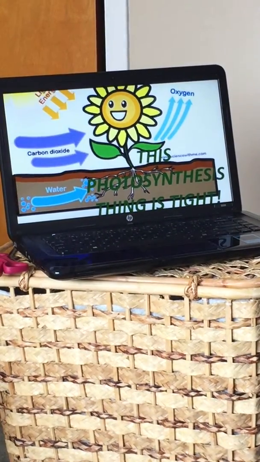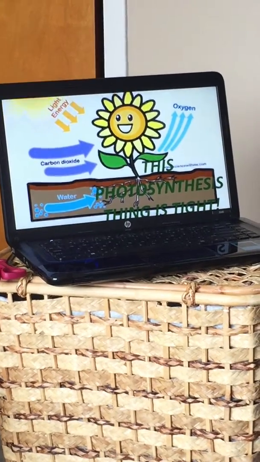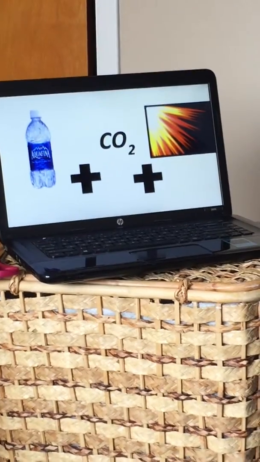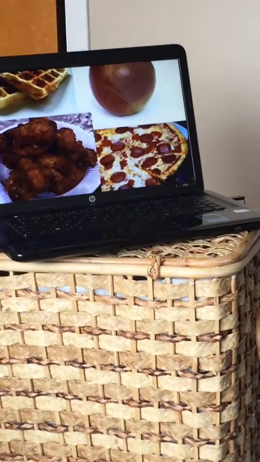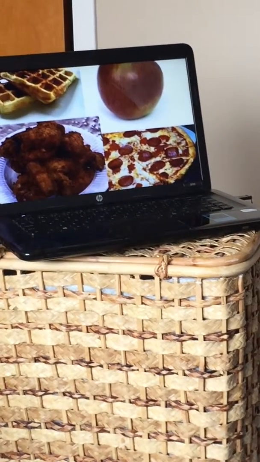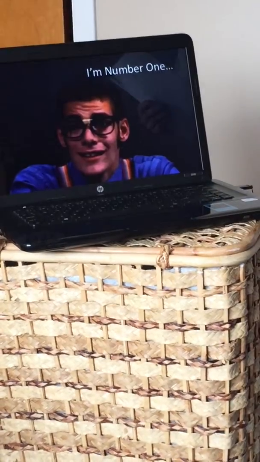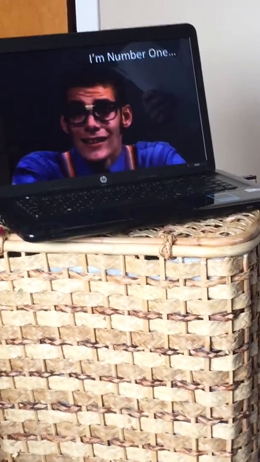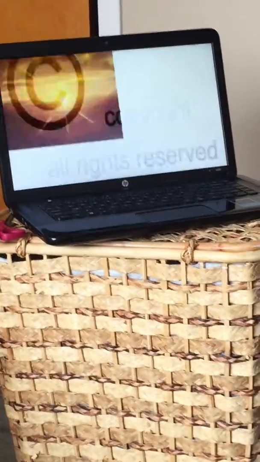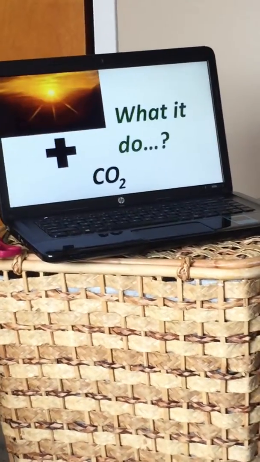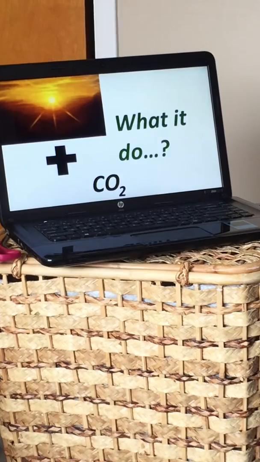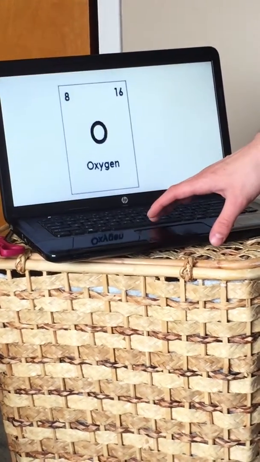So far this photosynthesis thing is tight, and now we mix it, water and CO2. And if we get this thing right, then we about to get some food. And you know it's in the form of glucose. See what I'm doing right here is called photosynthesis. Yeah, this song is original. Started with the sunlight, added CO2. What it do? Oxygen and glucose.